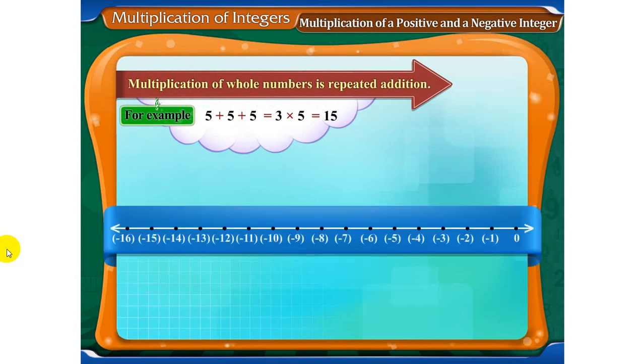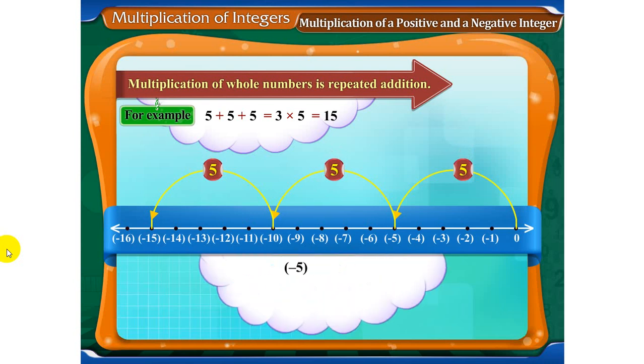We have from the following number line, negative 5 plus negative 5 plus negative 5 equals negative 15. But we can also write negative 5 plus negative 5 plus negative 5 equals 3 multiplied by negative 5, which equals negative 15.